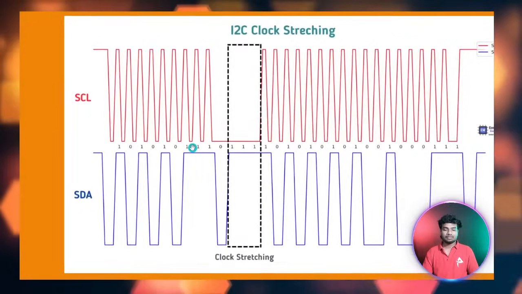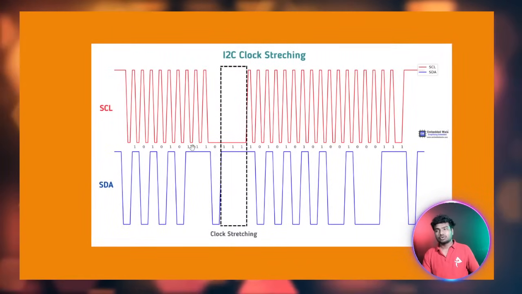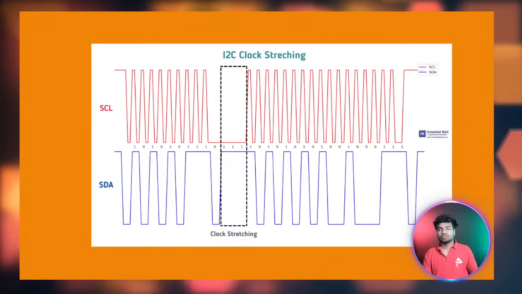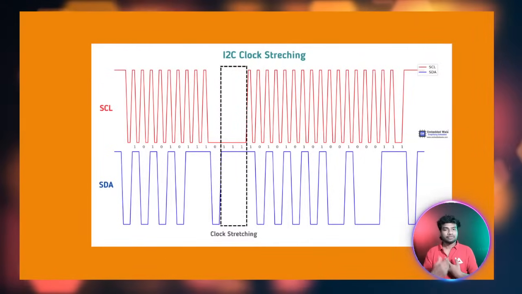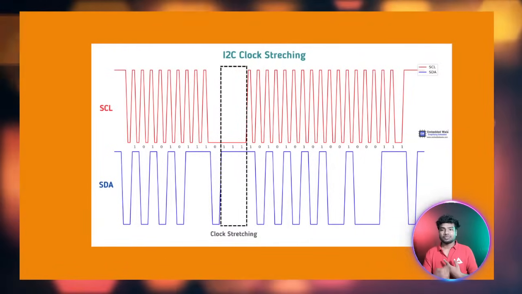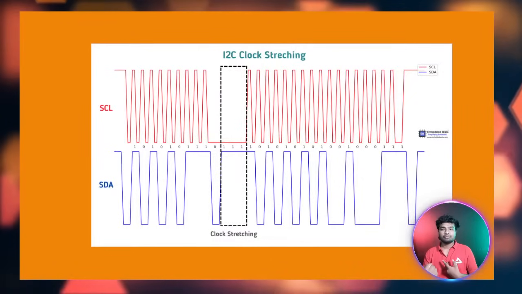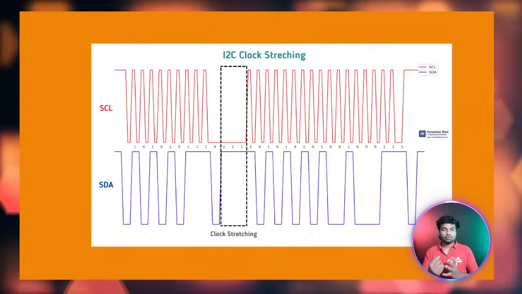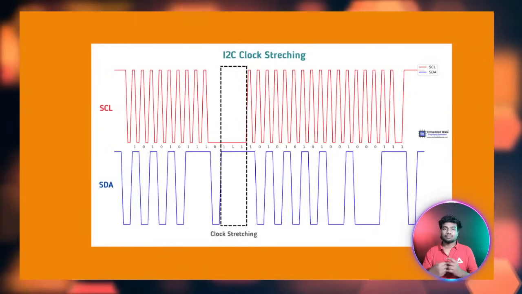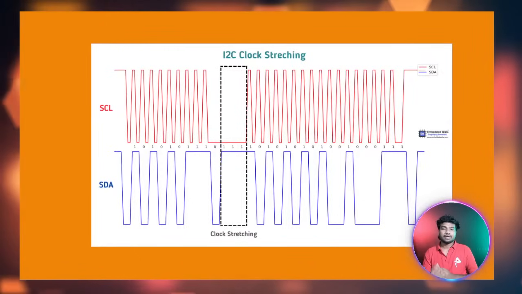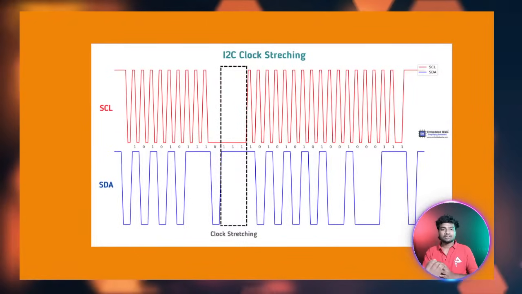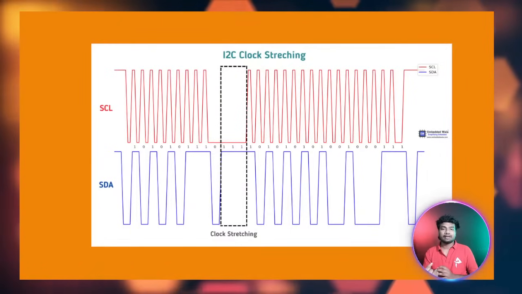So the main thing is, what is clock stretching? Assume I am the master and you guys are the slaves. I am communicating with you, speaking to you, which means you are listening to me. But if you need some time to process my words, my content, at that time you will pull down the SCL, the clock line.